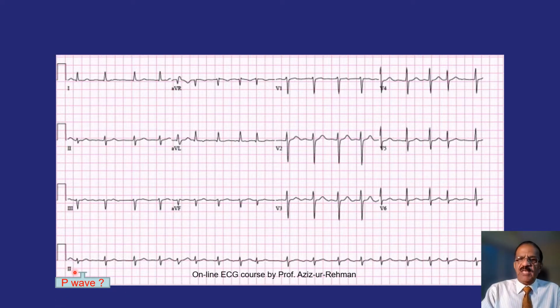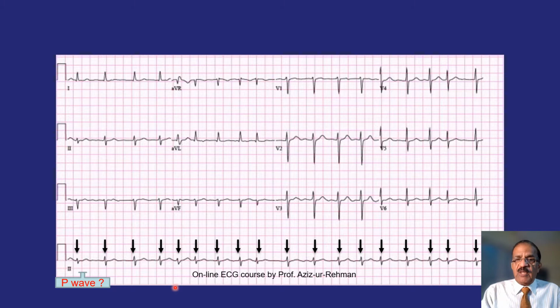Now please study the QRS complexes, and always study this continuous strip from left to right. What do you see here? Do you see QRS complexes? I'm going to mark them for you. You could even otherwise appreciate the QRS complexes, but I have marked them to make it easy.